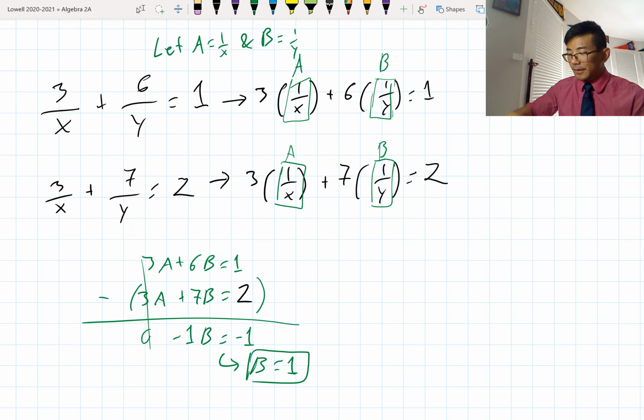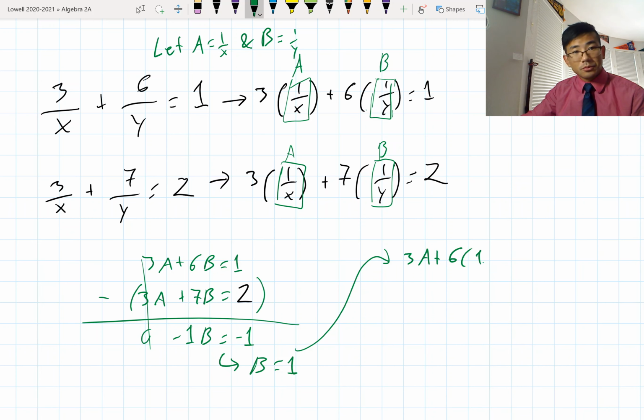Actually, I'm not going to box that, because remember, we're not looking for a and b. We're looking for x and y. So hang on to that for now, because now we need to figure out what a is. I could just take this b and plug it into one of the equations. I'll plug it into the first one: 3a plus 6 times 1 equals 1. That'll give me 3a equals negative 5, and then just divide by 3, so a equals negative 5/3.